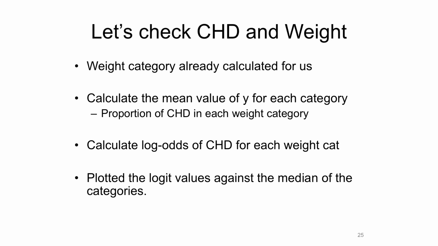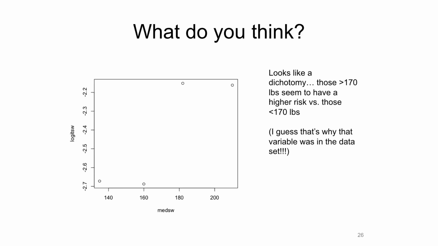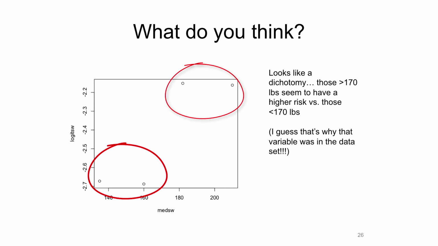Let's try the same process with weight instead of age. Again, we already have the weight category variable calculated for us. So what do you think? What can we say about linearity here? It looks more like a dichotomy. So those greater than 170 pounds appear to have higher odds of CHD than those less than 170 pounds.